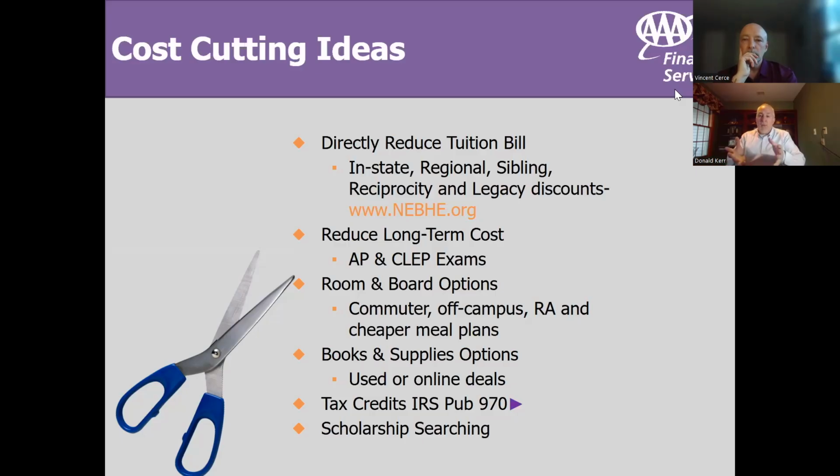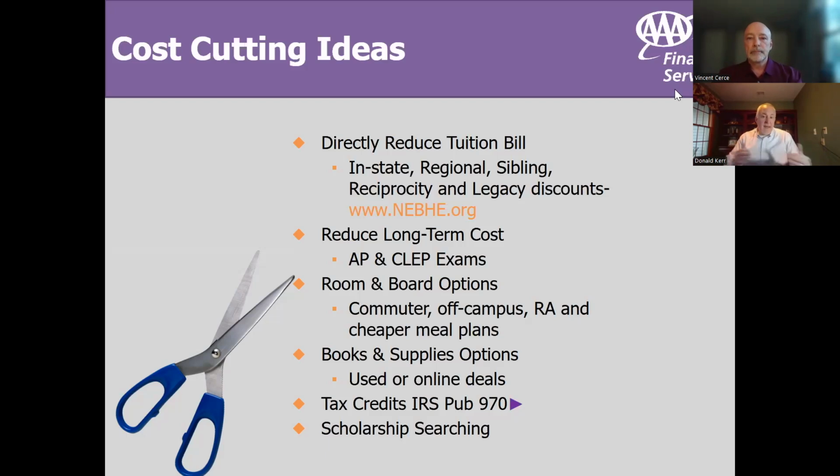UMass offers a ton of mechanical engineering degrees, but they do not have a mechanical engineering technology degree. University of Maine happens to be one of the few schools that offers that specific degree. So your student from Massachusetts can go to UMaine and attend at a discounted tuition rate. So you're not going to pay full out-of-state tuition. On average, families save maybe around $7,500 per year through this type of program.